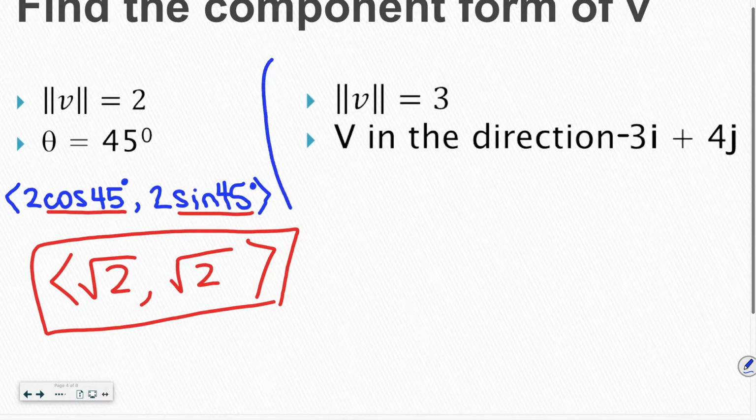Here's example number 2. Here I'm giving you that the vector has a magnitude of 3, but then v is in the direction of negative 3i plus 4j.